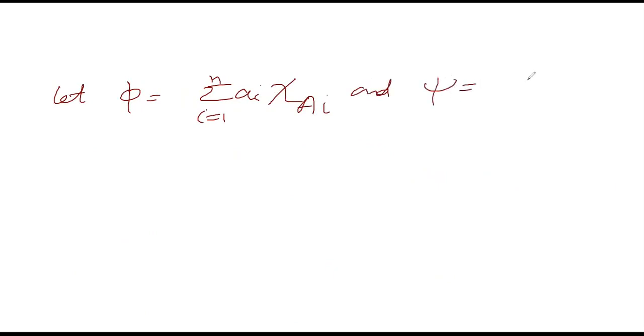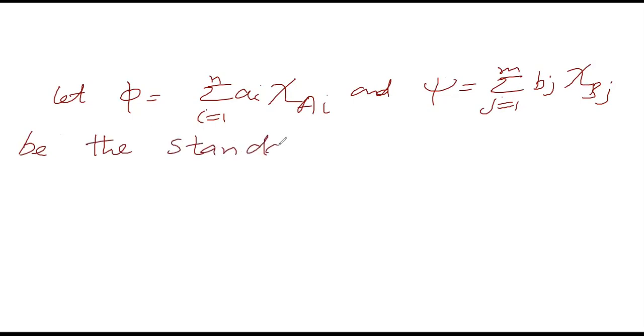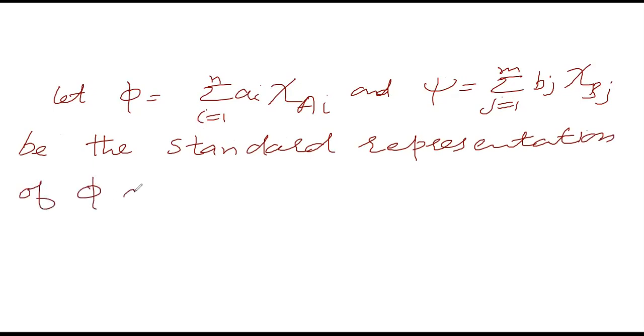Since phi and psi are step functions, let phi be equal to the summation i runs from 1 to n of a_i times the characteristic function of A_i, and psi equal to the summation j runs from 1 to m of b_j times the characteristic function of B_j, be the standard representations of phi and psi.